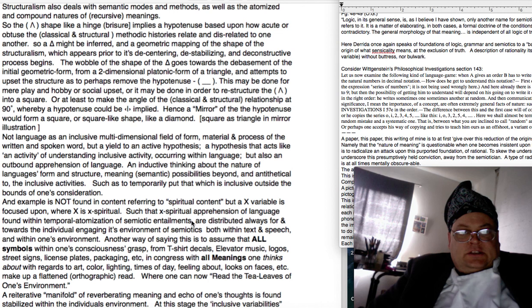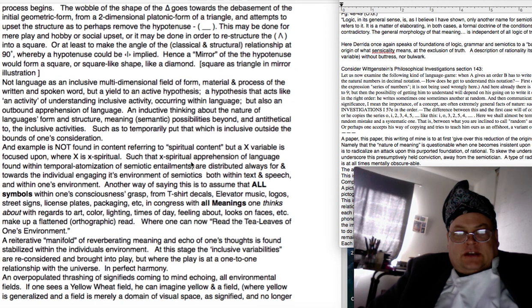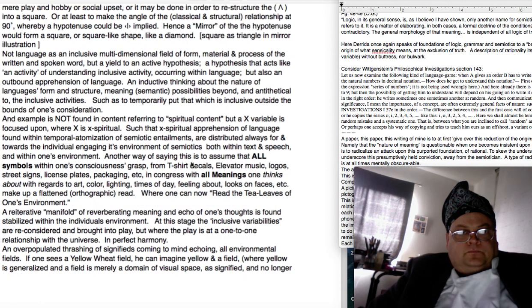Or at least to make an angle of the classical and structural relationship at 90 degrees, whereby a hypotenuse could be implied. Hence, a mirror of the hypotenuse would form a square, or square-like shape, like a diamond. Square as triangle in mere illustration.